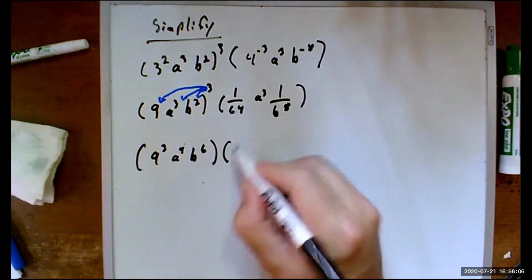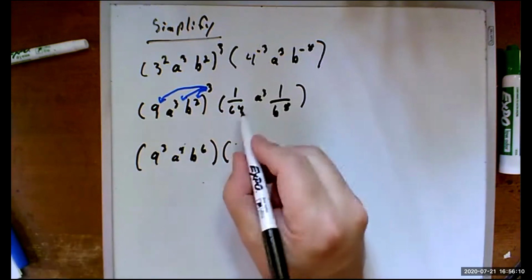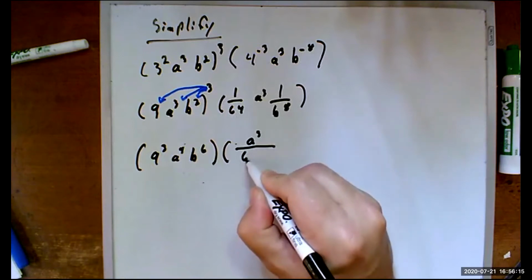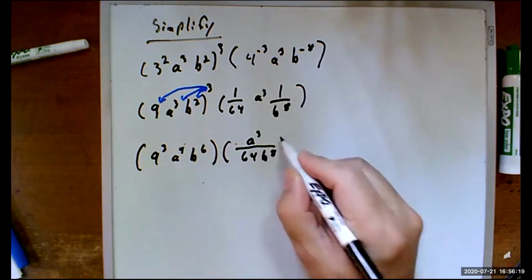And then nothing has changed here. I'm just going to clean it up a little bit. I'll get A cubed on top. I will have 64 and B to the 8th on the bottom.